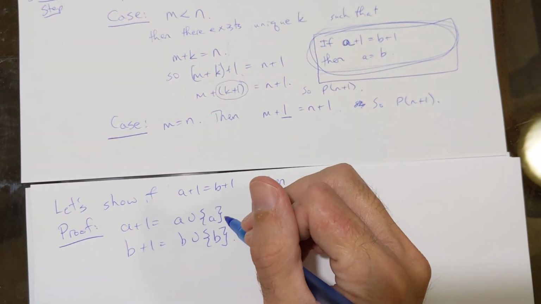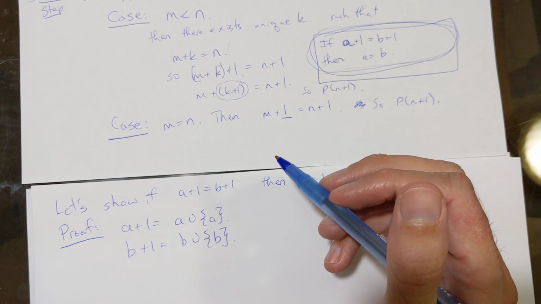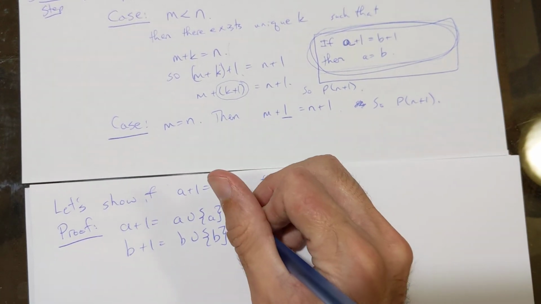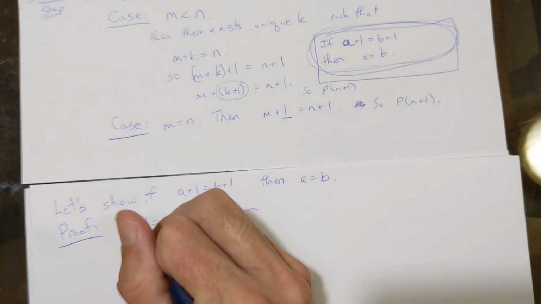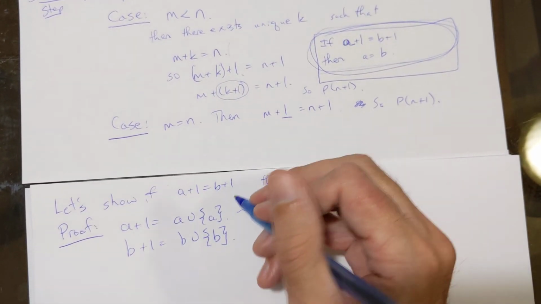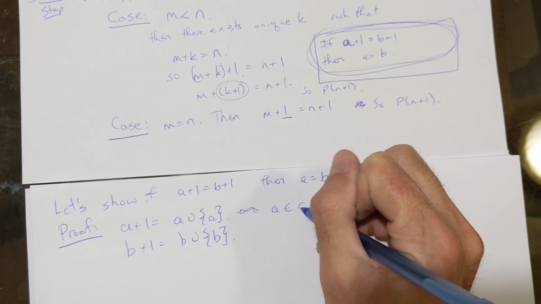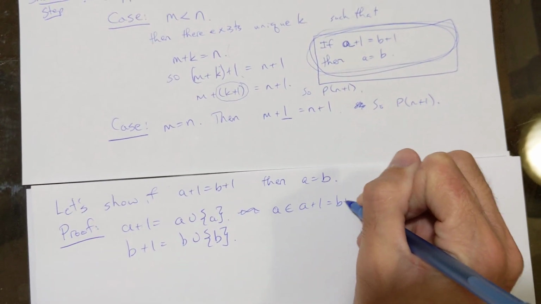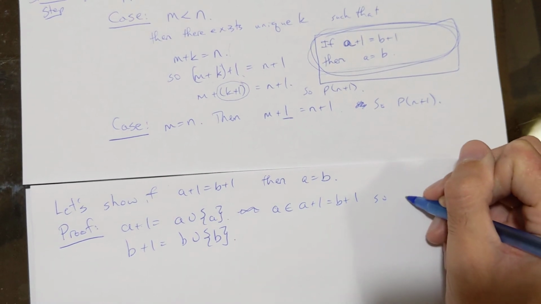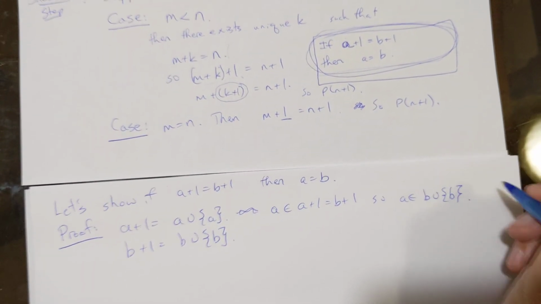I'm sure there's many different ways to show this, but these two sets are equal, and a is an element of a plus 1, so a must be an element of b plus 1. So a is in b union b.